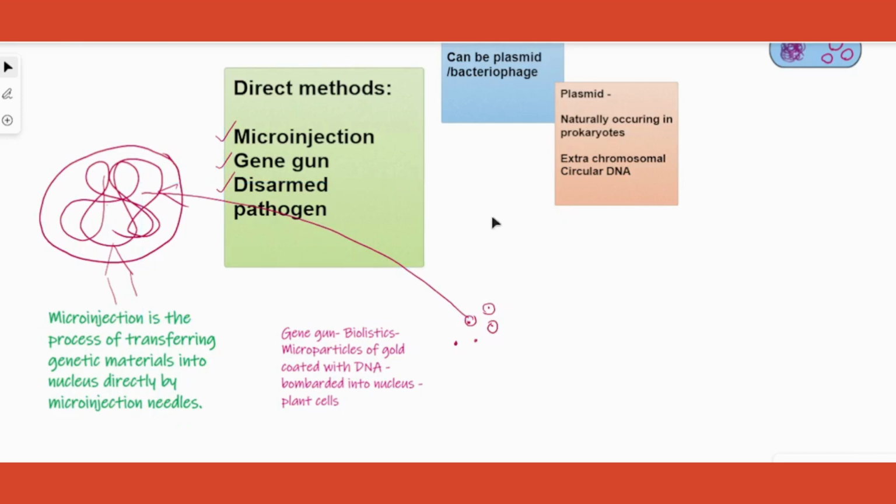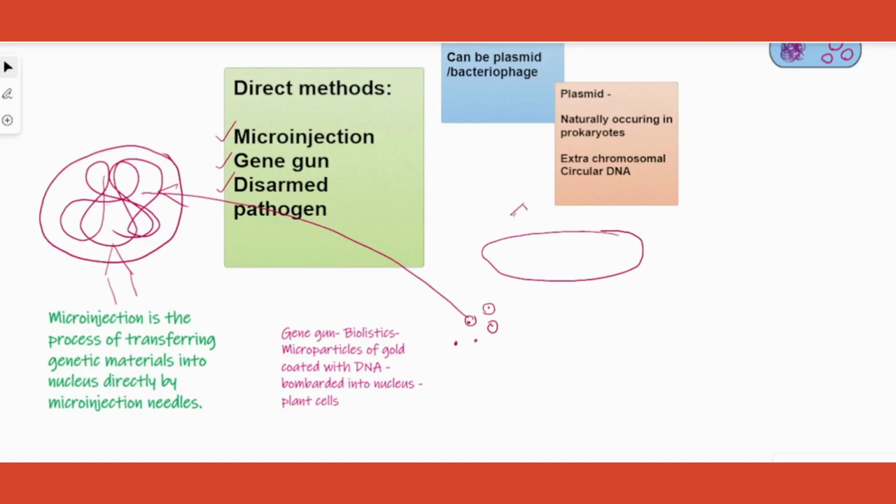The third one is disarmed pathogen. So what is a disarmed pathogen? The ability of the pathogen to cause a disease is removed. That part is removed from the pathogen. That is what is meant by disarmed pathogen. So let us say you have a bacterial cell which usually gets infected by bacteriophages.